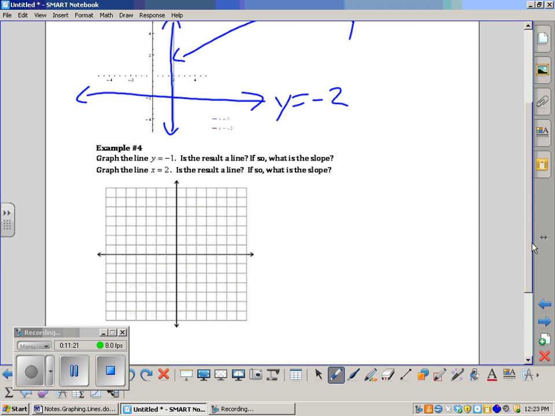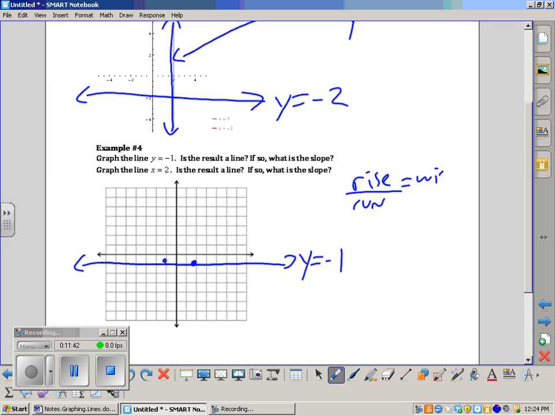Graph the line y equals negative 1. Well, here it is. That's a horizontal line through negative 1. And if you were to choose, say, these 2 points, remember the whole thing I just said about rise over run?